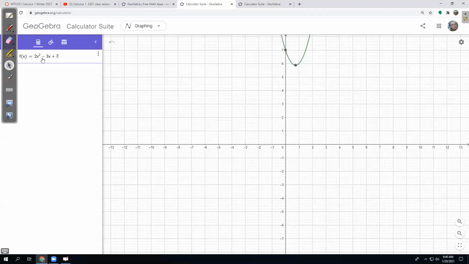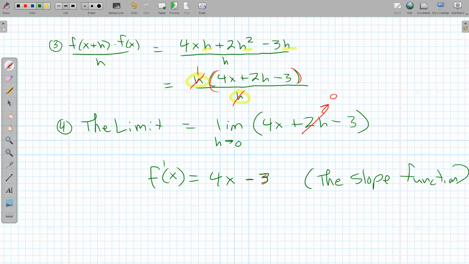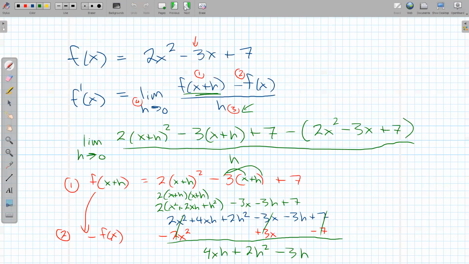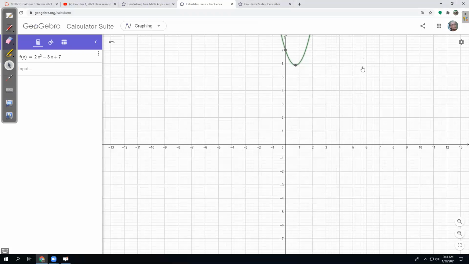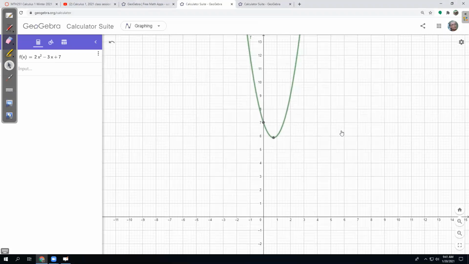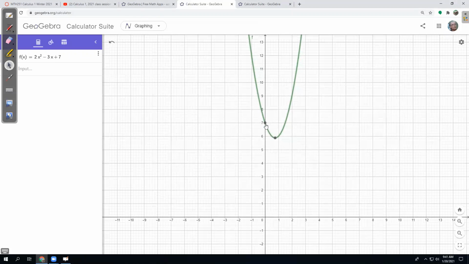So there's my original function there, right? I think I wrote that correctly. Check. There you are, 2x squared minus 3x plus 7. Okay. So I can drag this down to see it a little better. So it kindly graphed the y-intercept there for me, which is the 7, right? We can see that there.